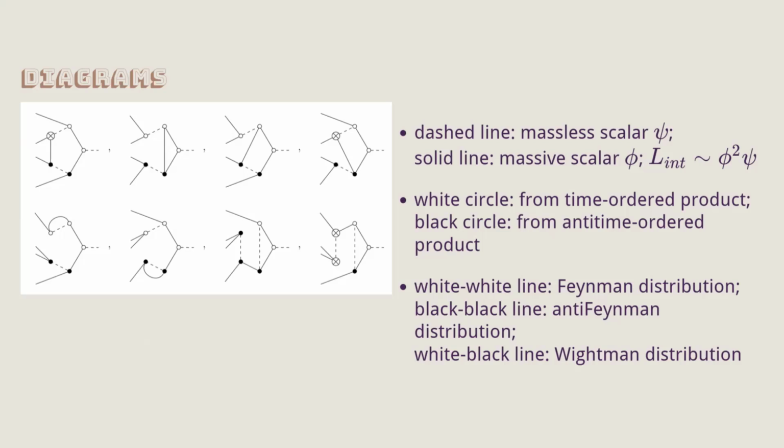Okay, and what all this stuff is, every vertex is an interaction vertex, same as in Feynman diagrams. So here, with the dashed lines, I've denoted massless scalar, and solid lines are all massive scalars. So every vertex will have one psi and two phis coming out.